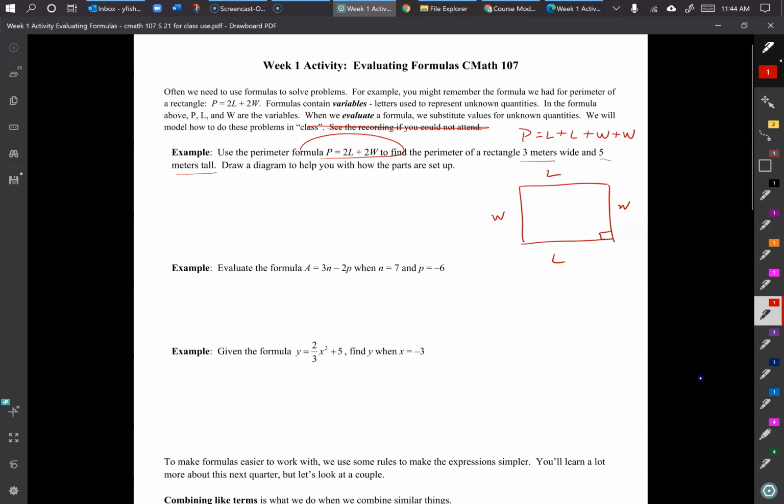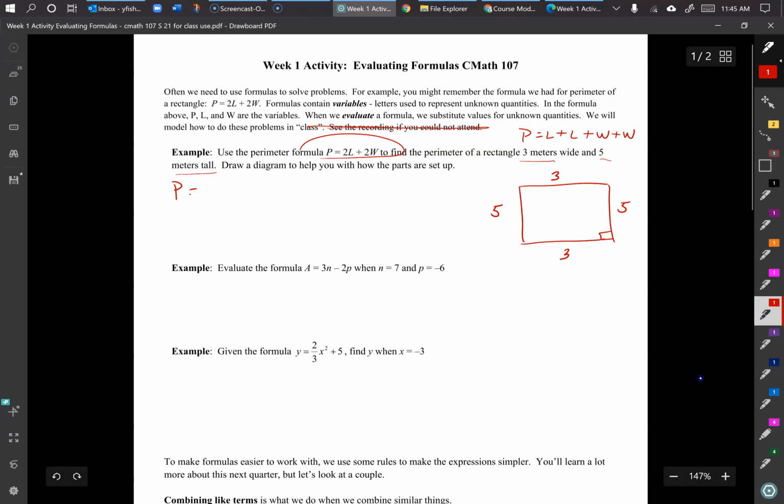So now I know that the width is 3 meters, and the height here in this case is 5. So maybe we switch these around just to make it look a little better. So we have 5 meters tall, and then it's going to be 3 meters wide. Okay, it doesn't really matter which ones we call L or W as long as we're consistent.